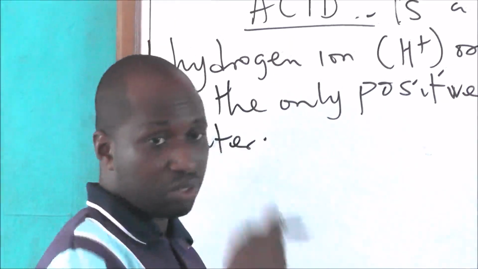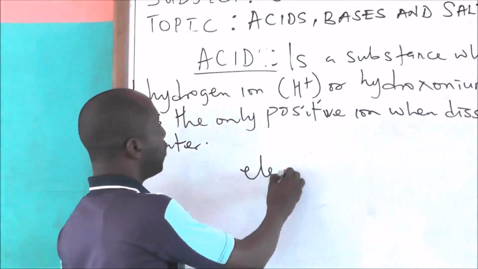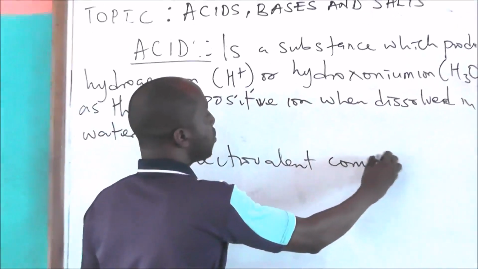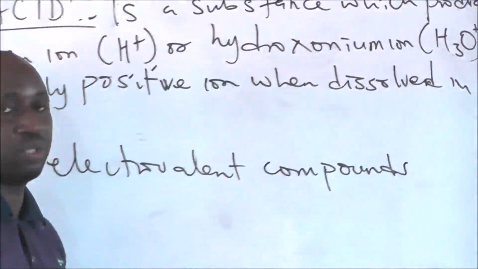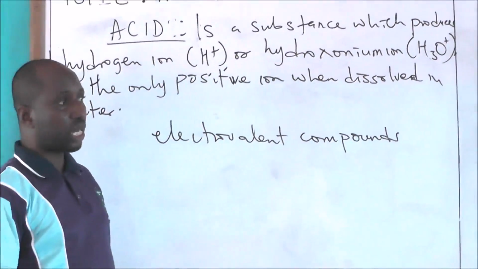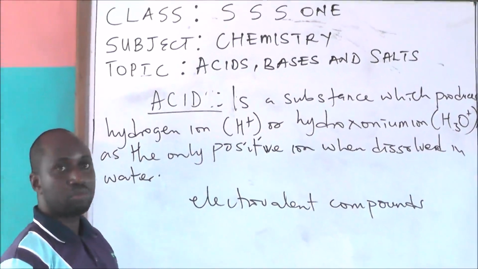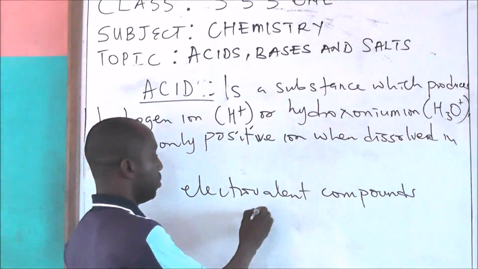Prior to this time, you have been taught electrolytic compounds. And one of the things you know about electrolytic compounds is that when you dissolve them in water, they dissociate into an aggregate of ions.